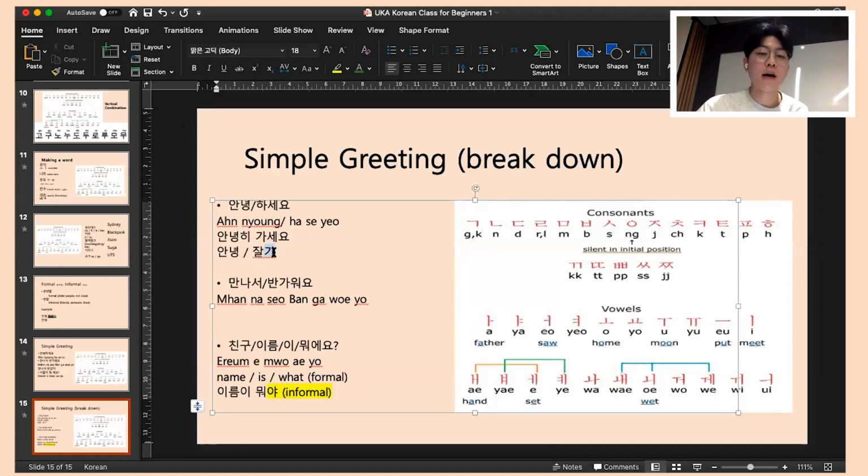I said before, 가 is to go, but 잘, see here, J-A-L, G-A. 잘 가. 잘 means safe.